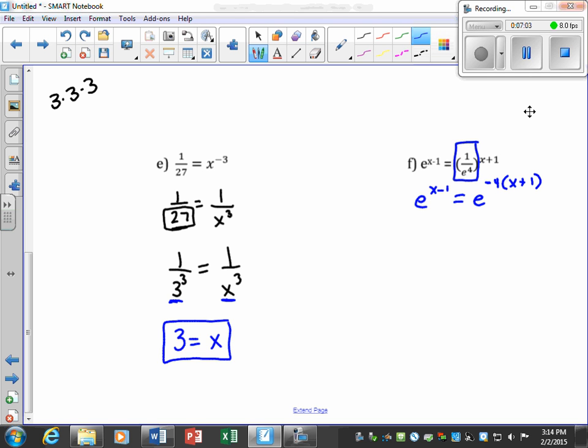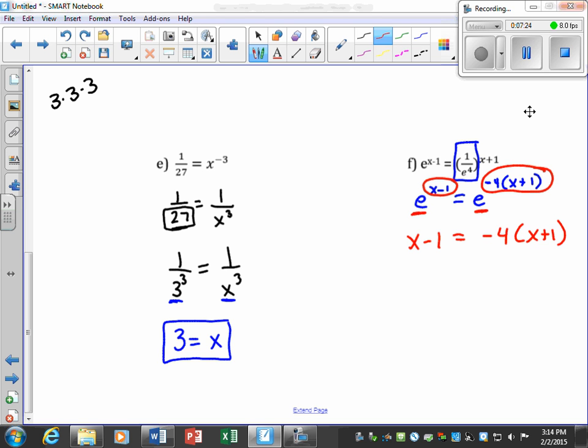So now we have this statement. The bases, although they're not numbers, they're still the same. So when the bases are the same, we can set exponents equal. So you get x minus 1 is equal to negative 4 times x plus 1. Good.